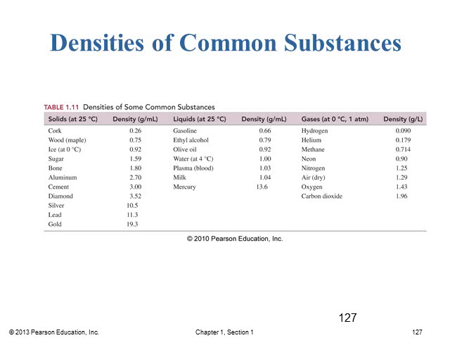Here are just some common densities. One thing that you'll want to make note of is water. Water at 4 degrees Celsius has a density of 1.00. That's a key one, because things that are less dense than water will float, and things that are more dense than water will sink. You'll commonly see those types of comparisons.